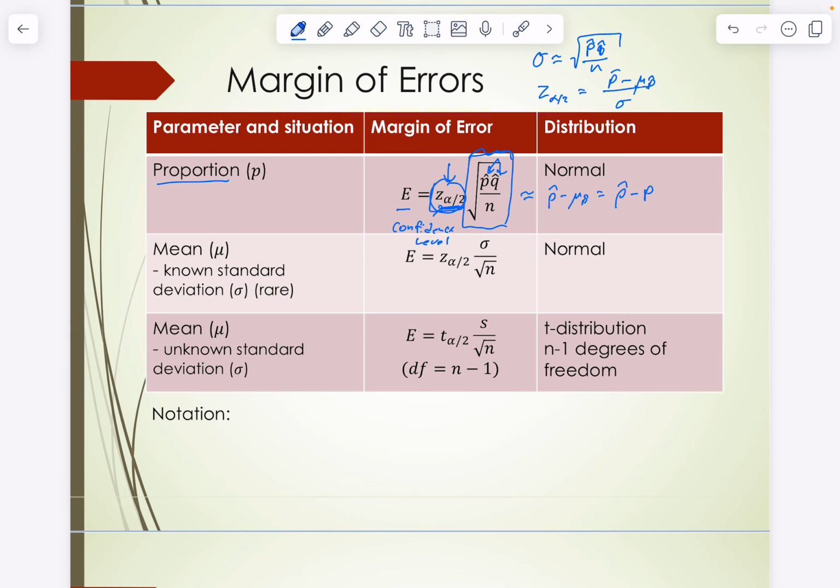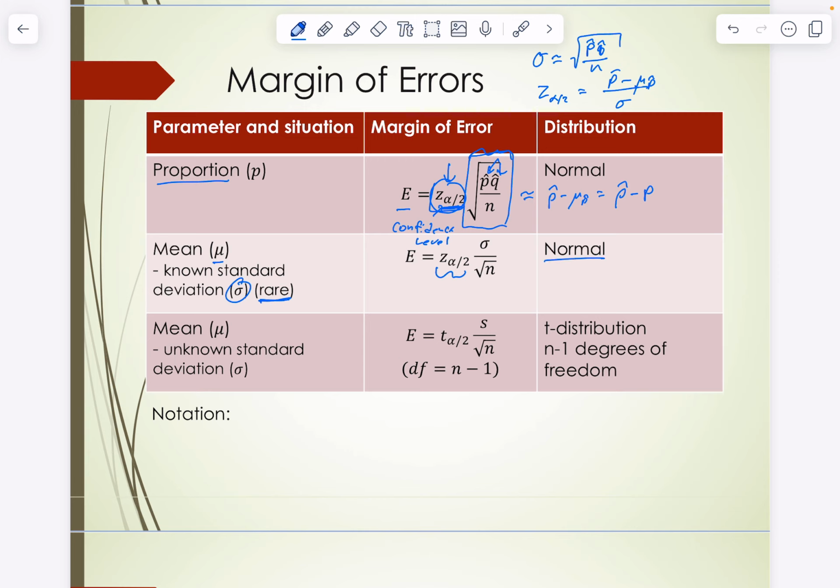Okay. Then there's the mean. The next situation is when we're trying to estimate the mean and we know the standard deviation. This is not a very common situation. We generally do not know the standard deviation. The critical value here is going to be a z-score, since this is normally distributed.